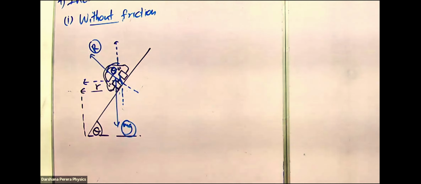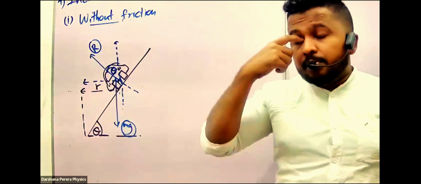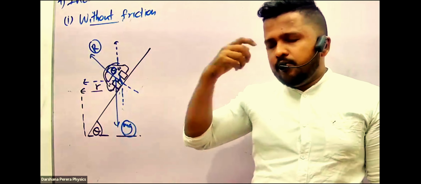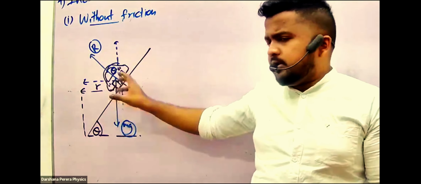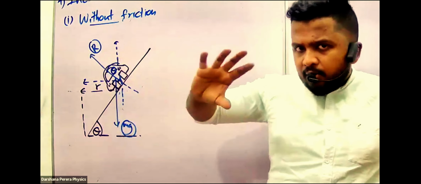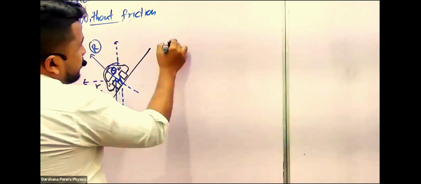Right. Okay. Look at this one. This is a circular motion problem. We have to mark all the forces on the vehicle, the object. Then we have to apply what?